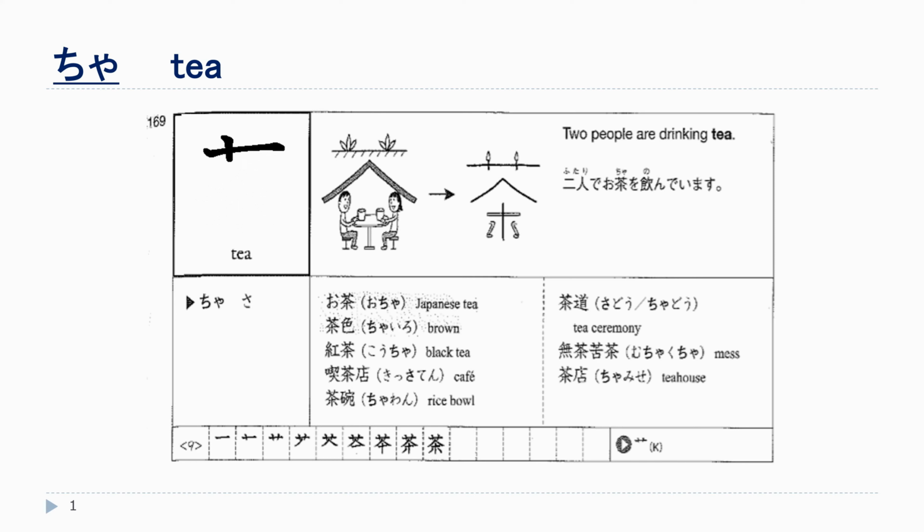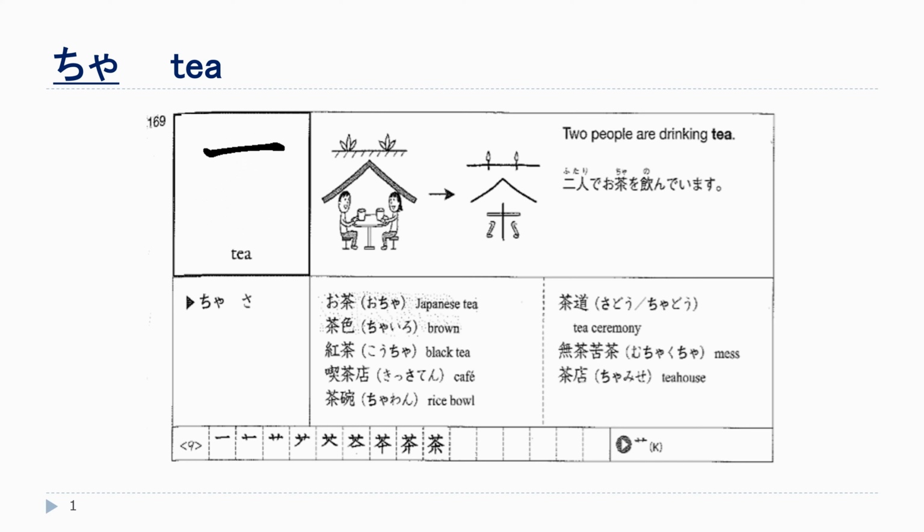Ichi, ni, san, yon, go, doku, nana, hachi, kyu. Once again, ichi, ni, san, yon, go, doku, nana, hachi, kyu.